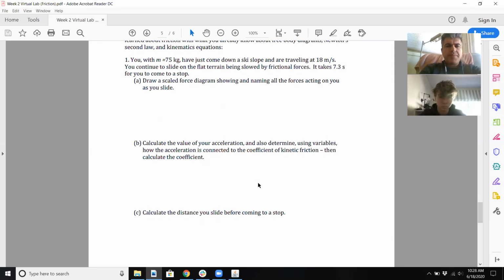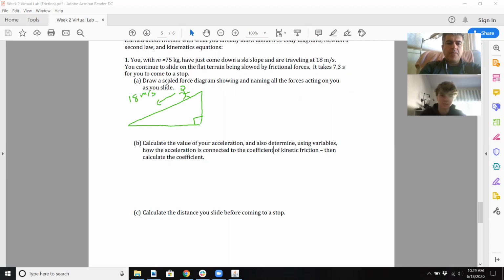Okay, so let's draw this. So do copy what I have here. And you're traveling 18 meters per second. Your weight, 75 kilograms.